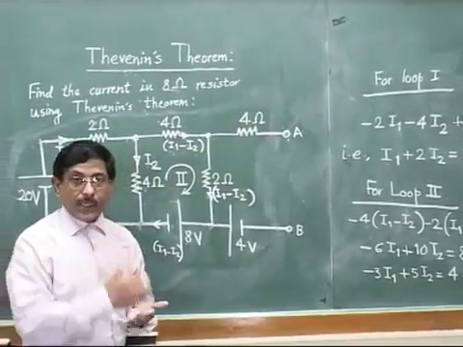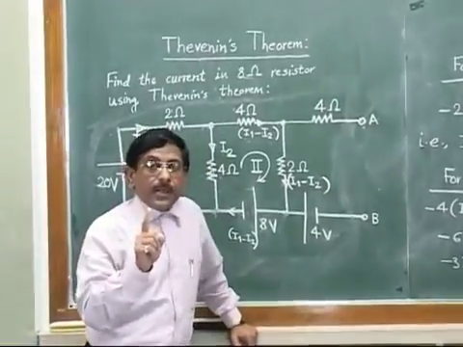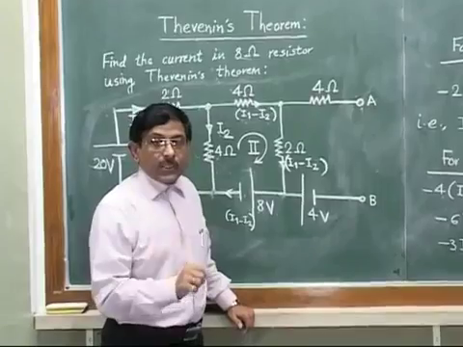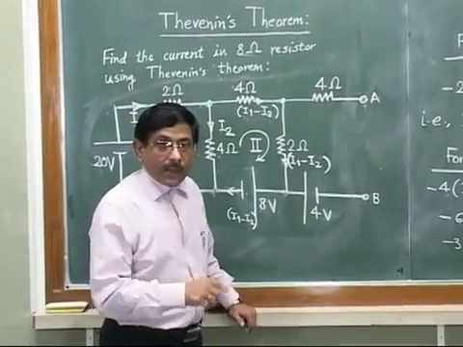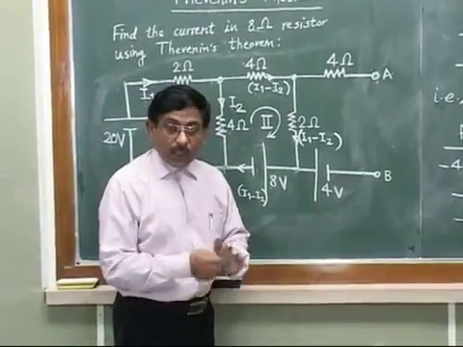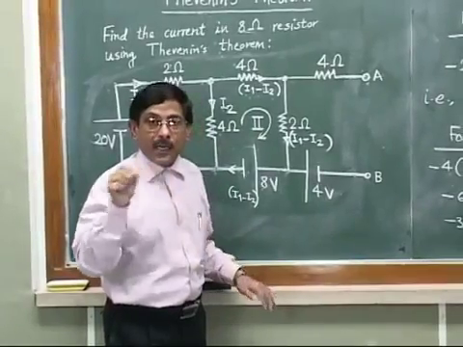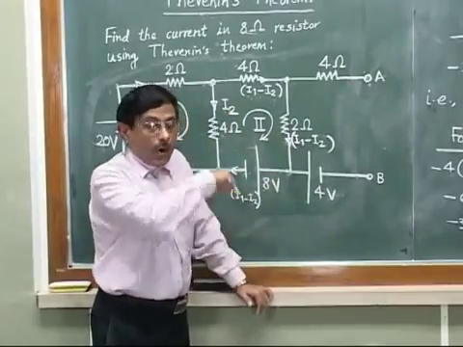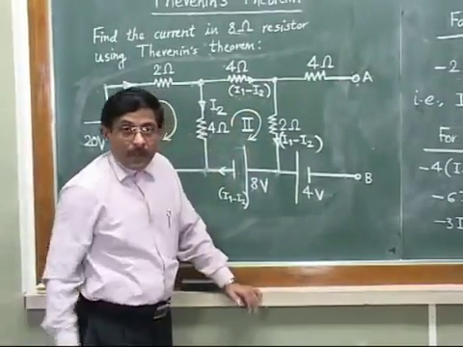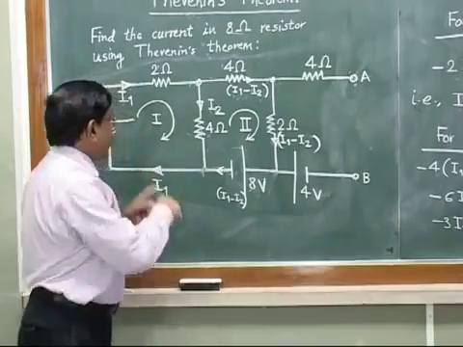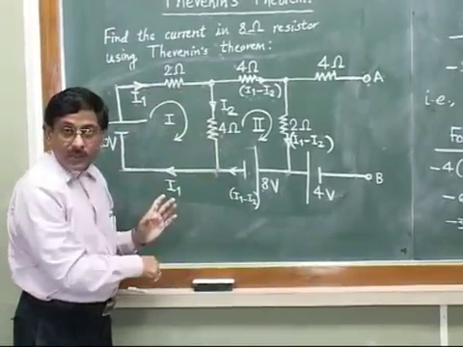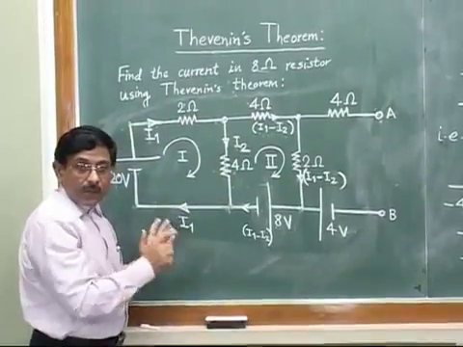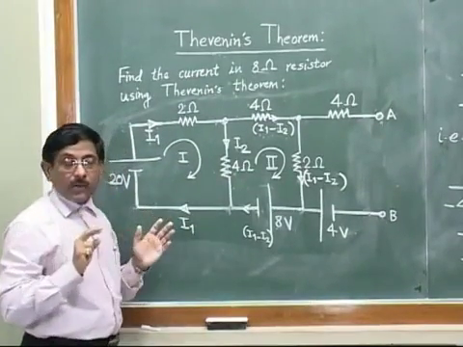So here again we revise. What was our step 1? Our step 1 was that the resistor in which we have to calculate current is removed from the circuit and we denote it by load resistance RL. In the second step, whatever circuit we have got by removing the RL, we consider that circuit, distribute the currents in various branches, then select some typical loops as per the number of current variables.